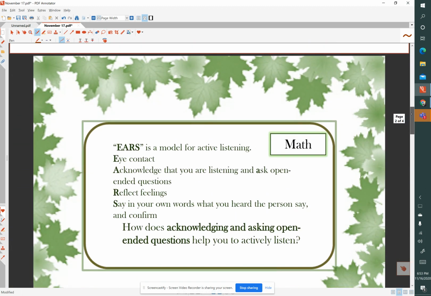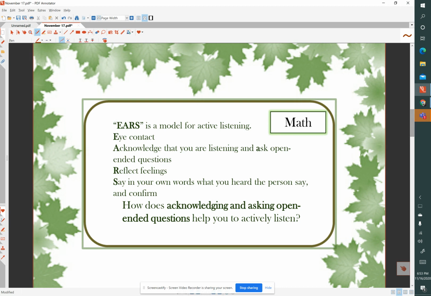So here's our do now for today. We're talking about active listening in today's do now. And here we have this model for active listening. You may have talked about it in some of your other classes as well. EARS, ears, okay? We want us to listen with our ears. Lots of times when we are talking to somebody, we're thinking more about what we want to say when it's our turn to talk, or maybe we're even going to interrupt.